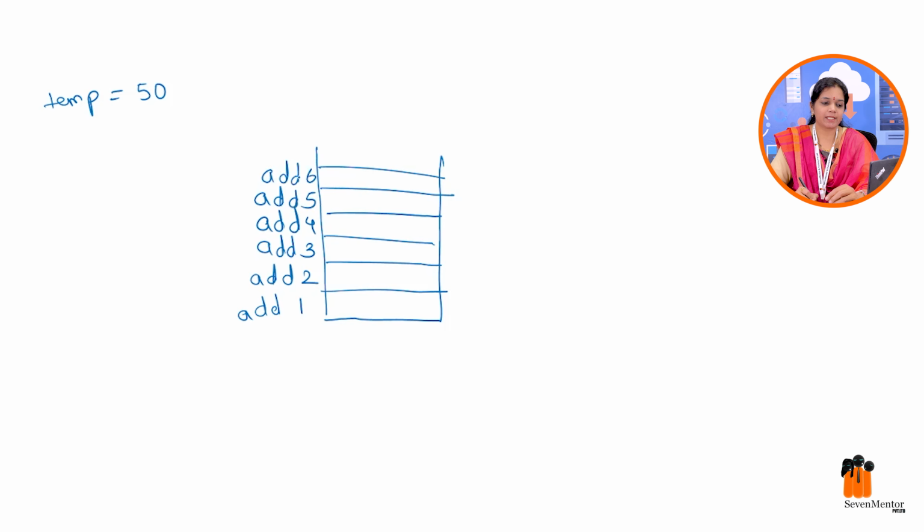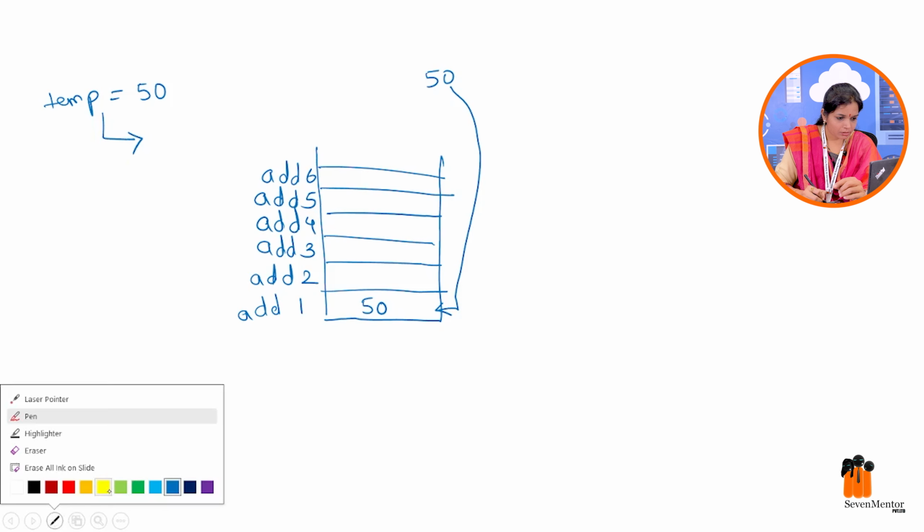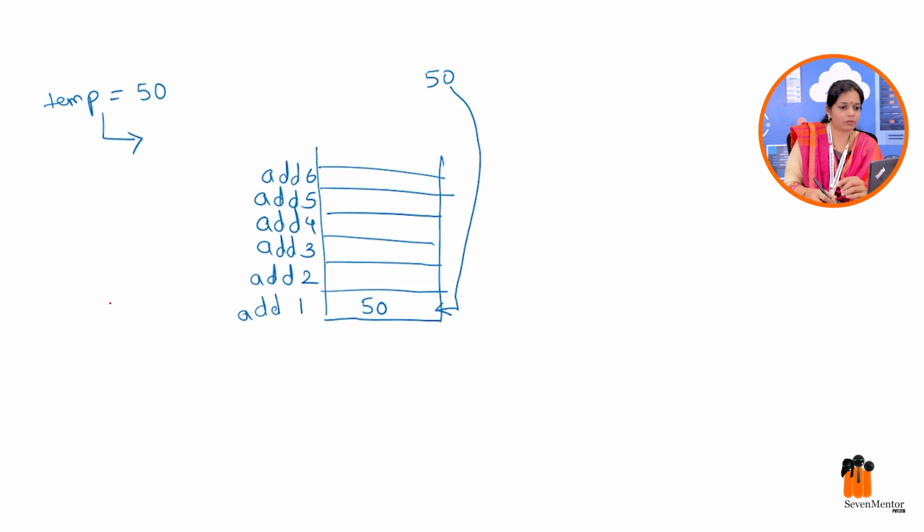Just for the example I am taking only 6 addresses. So when I write temp is equal to 50, this 50 value is stored here, and in temp, the address will be stored. Temp is equal to address 1.